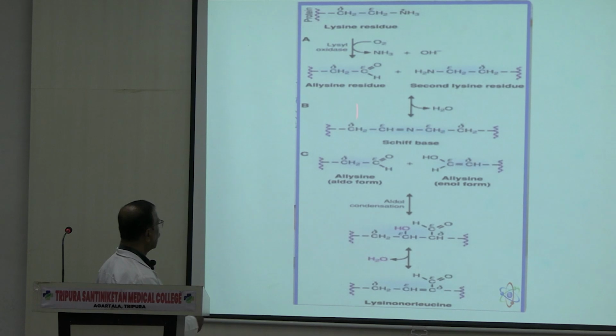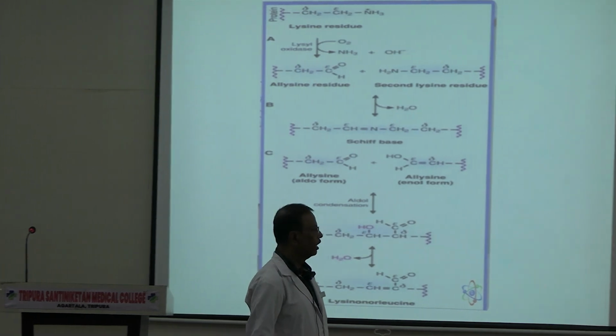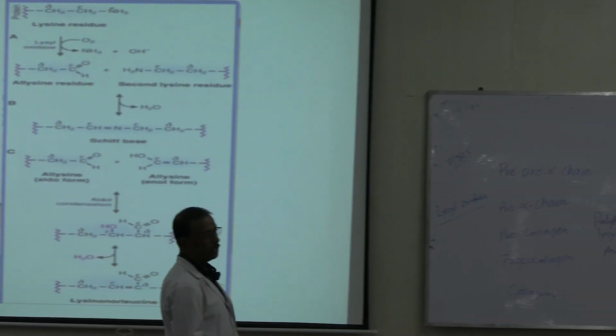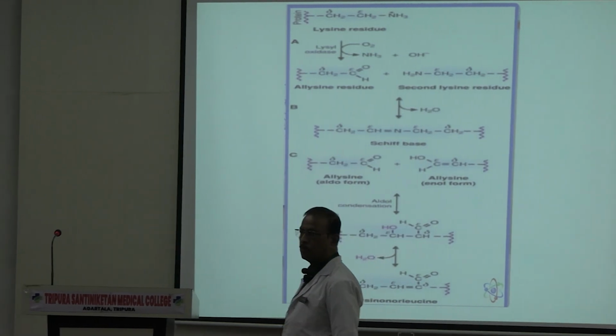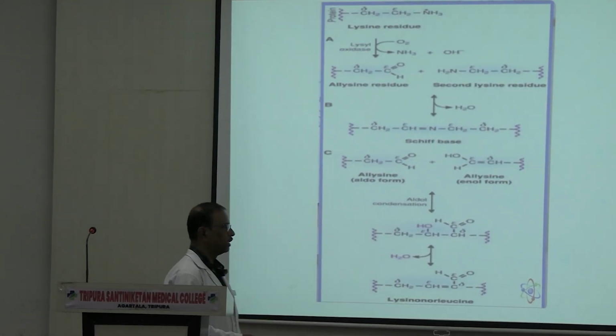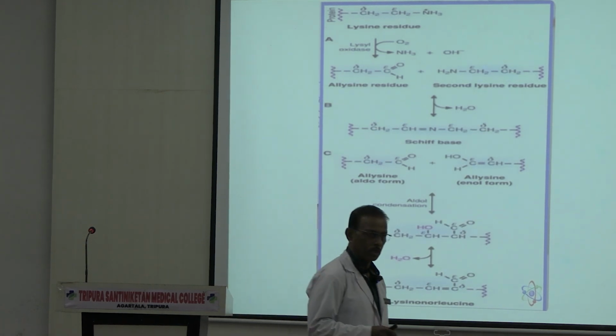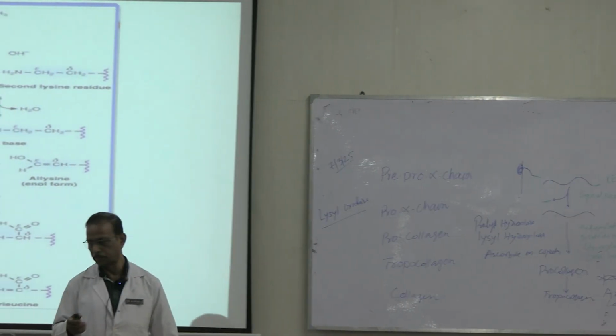And when this aldehyde reacts with another aldehyde, they form aldol condensation. By these two reactions, collagen cross-linking occurs, and this gives the maximum strength of the collagen, and the tropocollagen is now termed as collagen. This is the mature collagen.